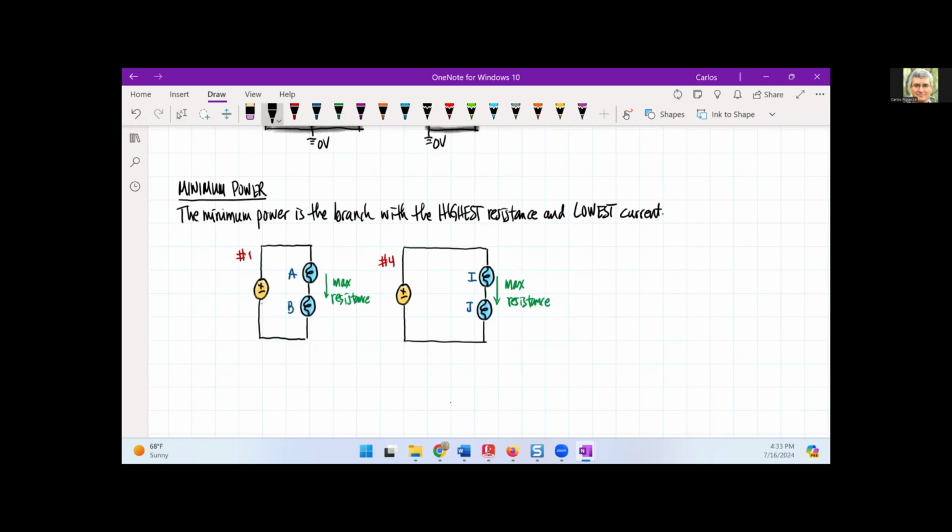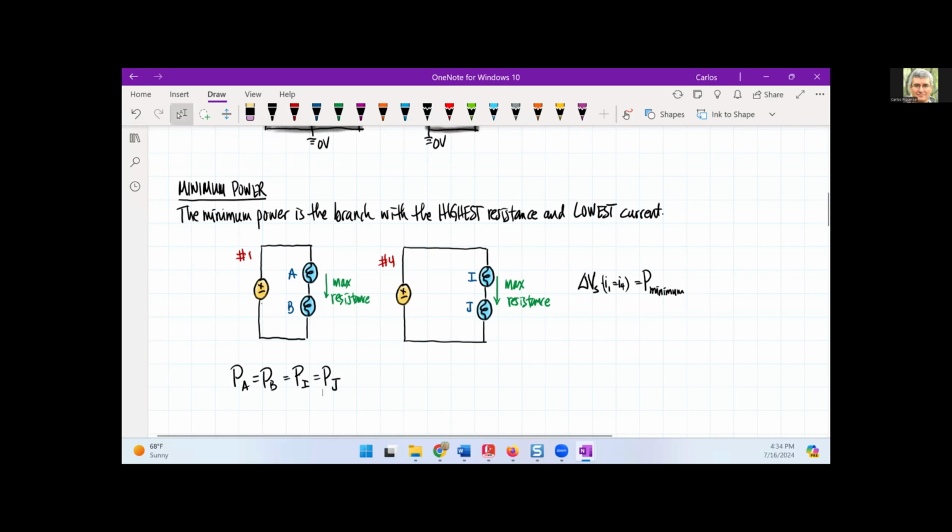So even though they have the same voltage here, you're finding that they're going to get the smallest currents. And therefore, they're going to have the minimum of the powers. So right away, we could then say that the power of A is the power of B, which then has to be the power of I, which is then the power of J.